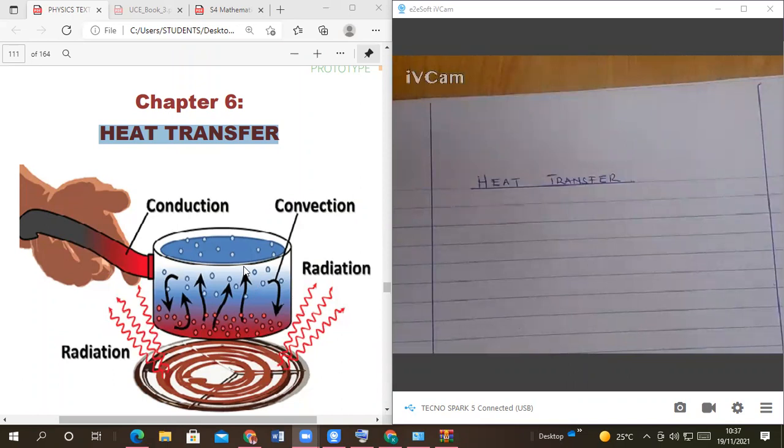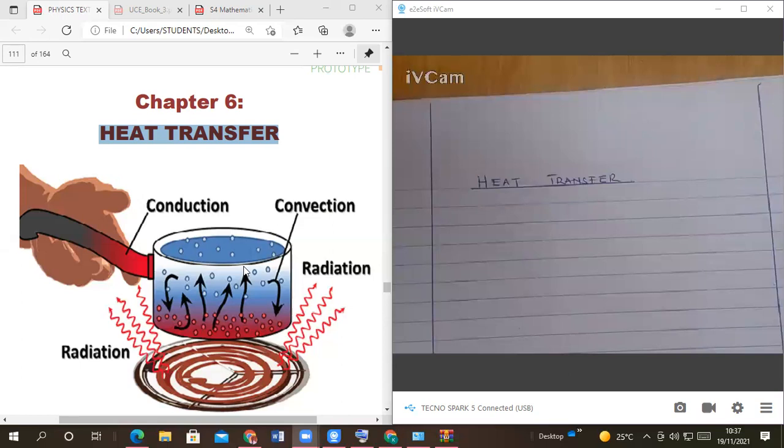No. So what will happen to the saucepan? Suppose mom is cooking and then she leaves the saucepan on fire without putting anything there. What will happen to it? The saucepan will get very hot. It will be very hot.